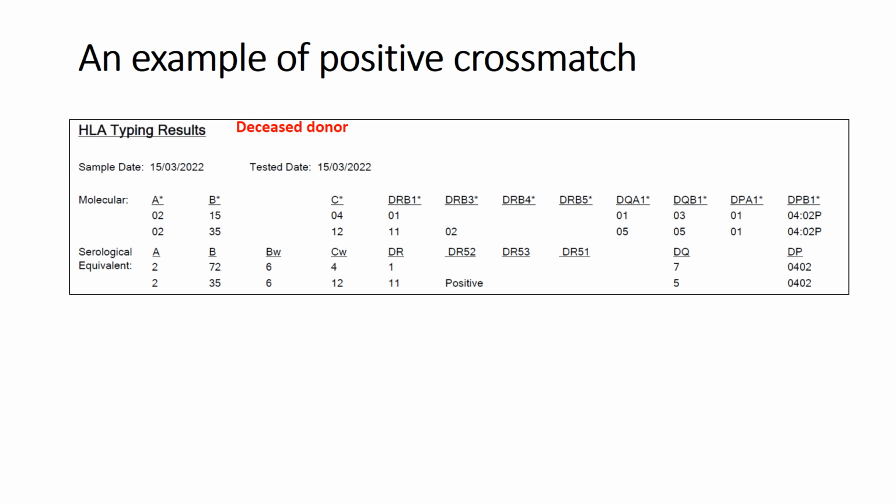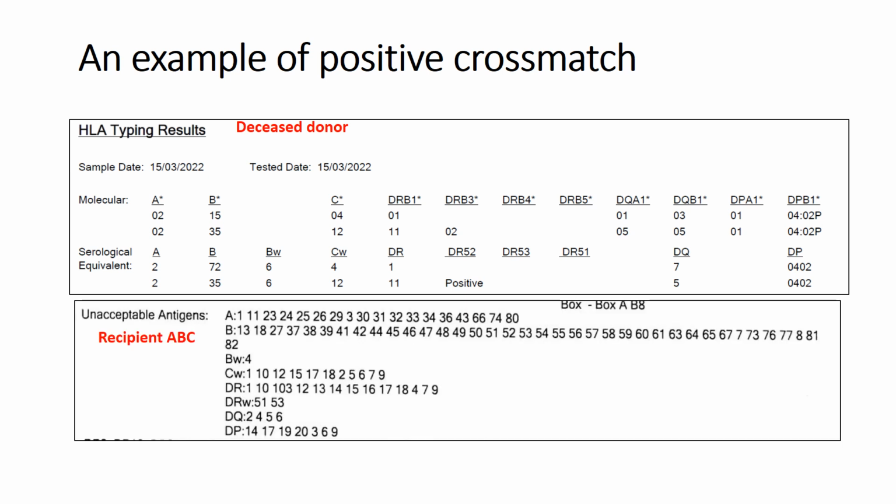Now let's see how the computer actually does the virtual cross-match. What you see here is the deceased donor HLA typing report, and this is a recipient's HLA antibodies. The computer will compare the compatibility of the donor to the recipient by looking at the antibodies in the recipient that can bind to the donor.